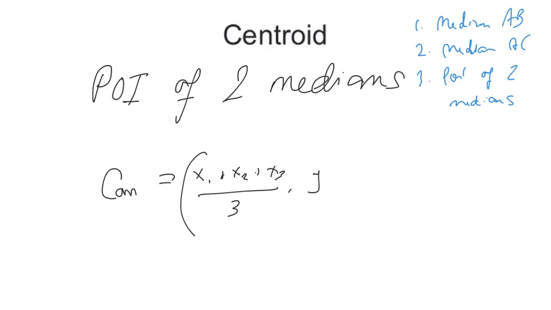And we do the same thing with the y's. And we average them. Okay, just like that. Now I'm not going to prove to you that this works, but I hope intuitively it makes sense. That if you have three masses or 3 points, and you're trying to find the middle of them, then really you're just doing an averaging.